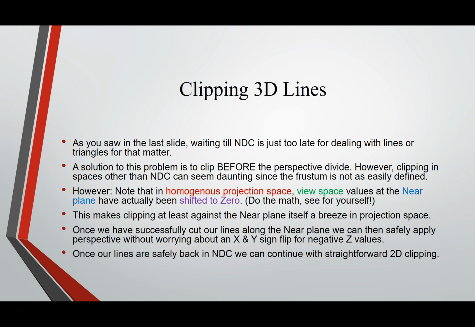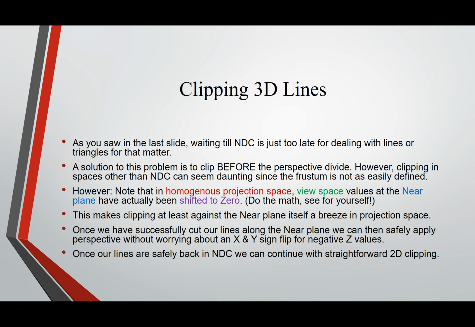View space values, so those values that are near the near plane, have actually been shifted to 0. So if you go back to day 4 and look at the end when we start doing the matrix math, you'll see that with the Z transformations, you actually end up shifting all of the values.